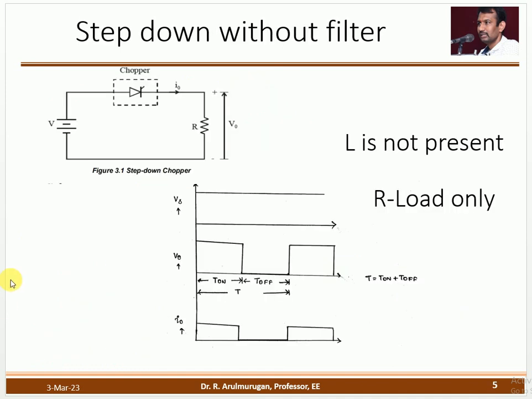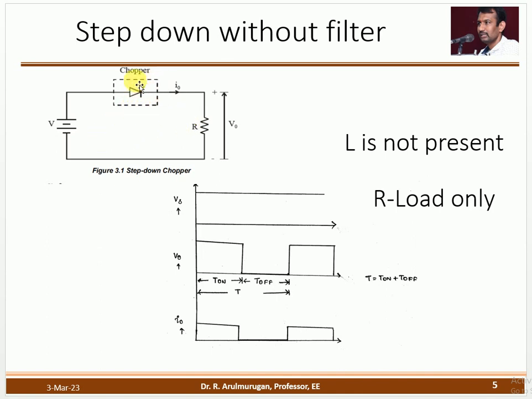Now the simplest buck converter. What is this? Power supply, switch, load. When the switch is on, say 40 watt, the same 40 watt flows to the load.